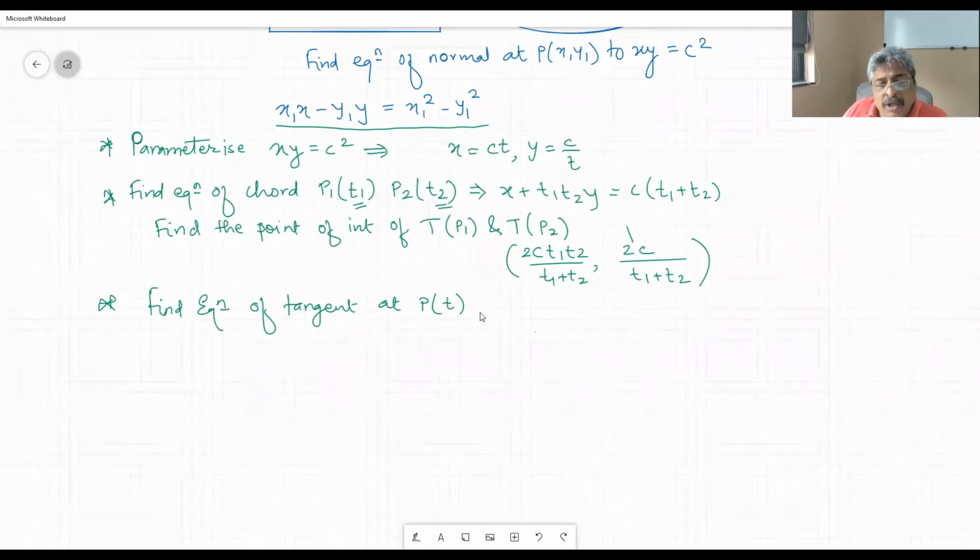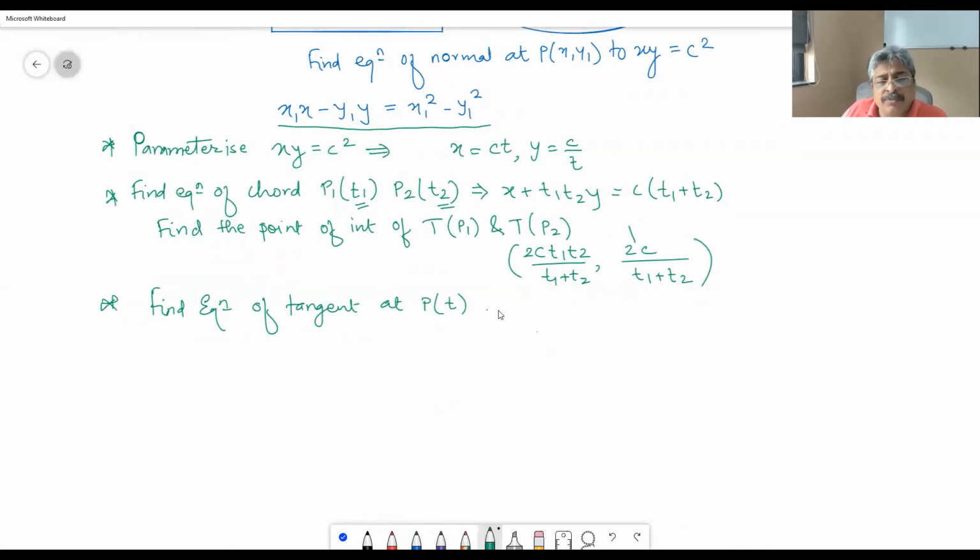Limiting chord is a tangent, and we know the equation of chord which we have written here. So T2 goes to T1, so x plus t square y is equal to 2ct.